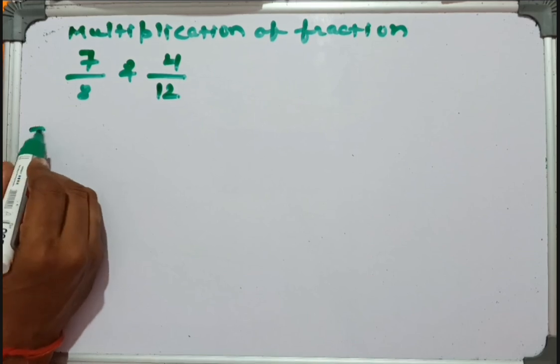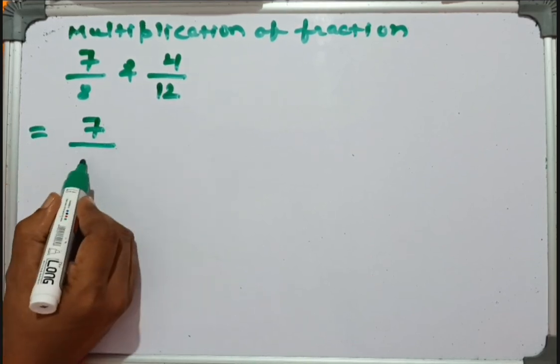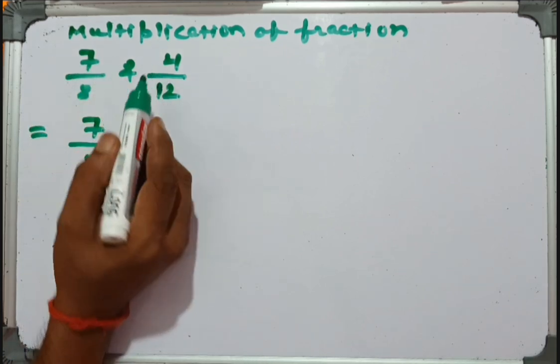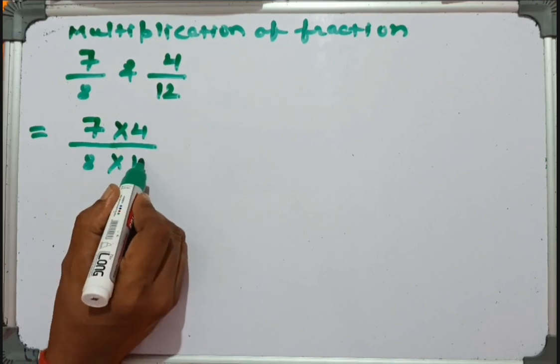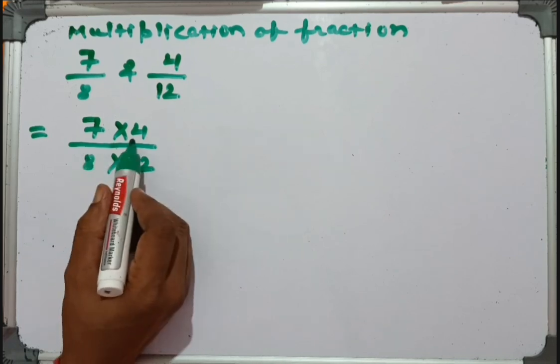So how could you solve this? So we write 7 here, then we write 8 here, and numerator is multiplied by numerator, so it is 4 here, and denominator is multiplied by denominator, this is 12.